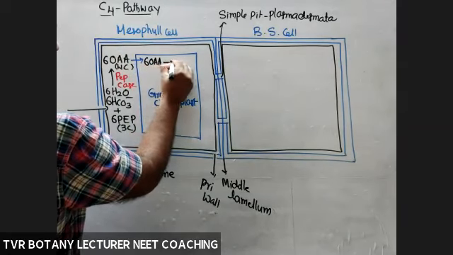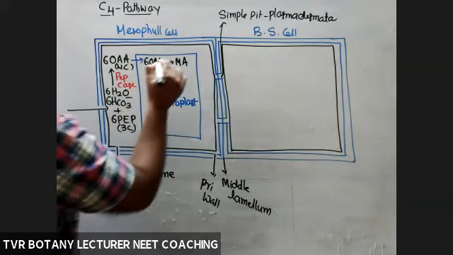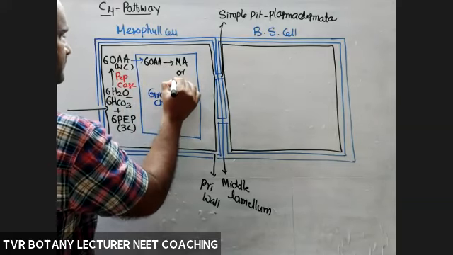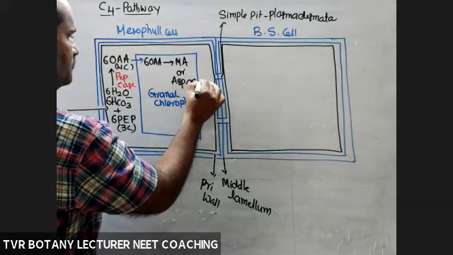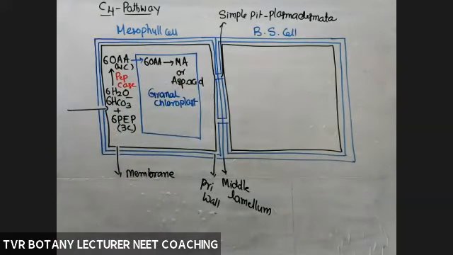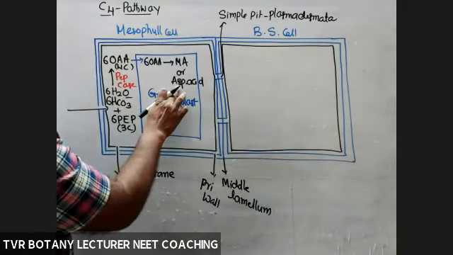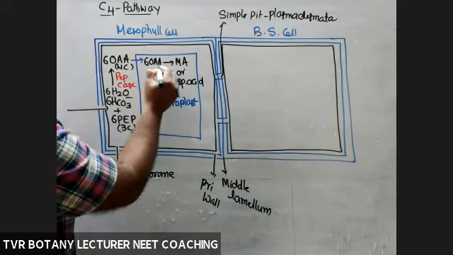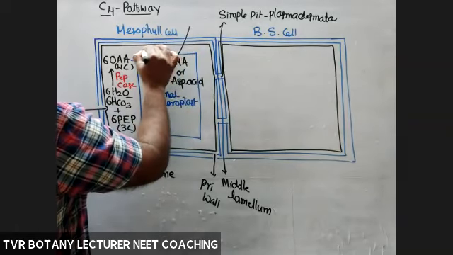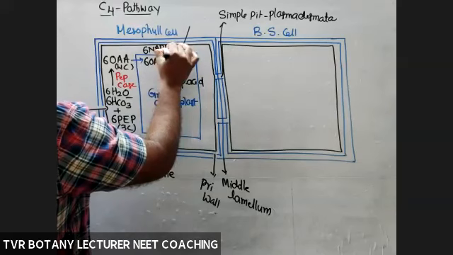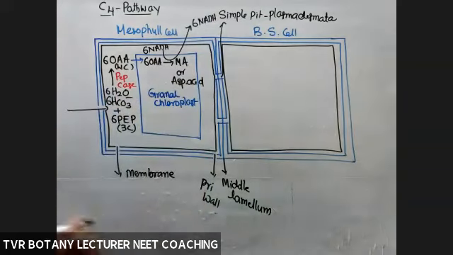So now it is converted into either malic acid or aspartic acid. If it is reduction, malic acid is produced. If it is transamination, aspartic acid. Here I'm taking reduction. So during reduction, 6 molecules of NADPH oxidized to 6 molecules of NADP.